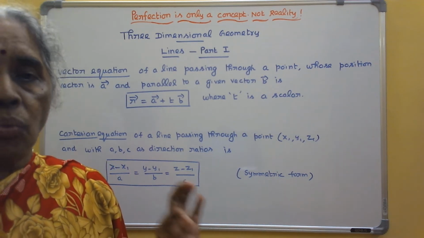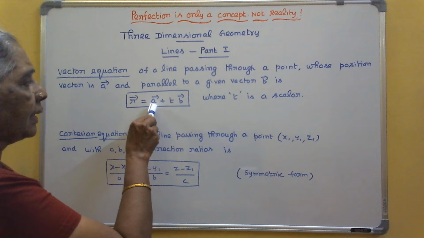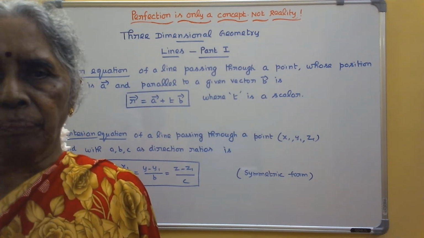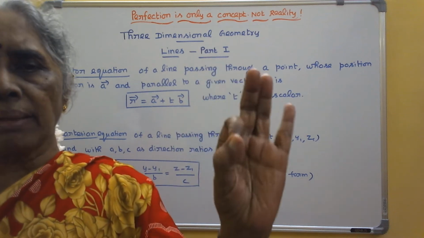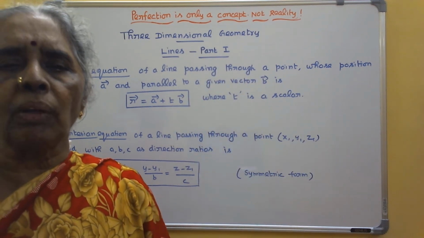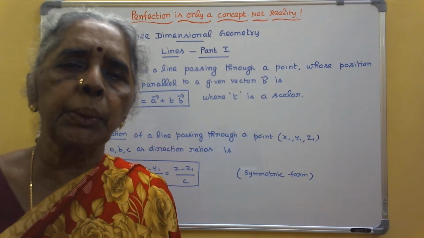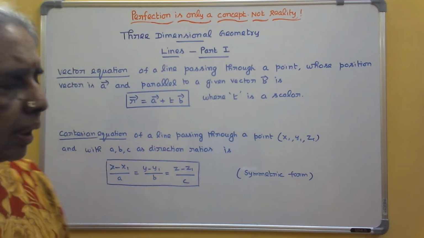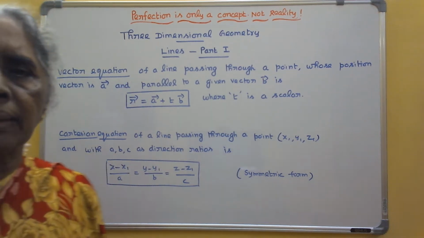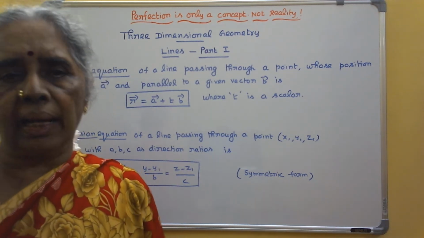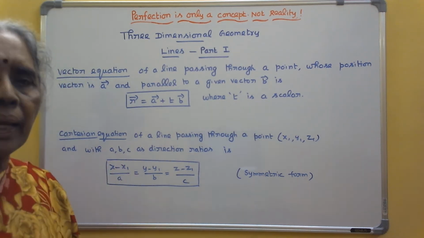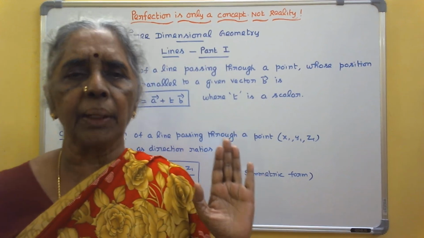Now in this vector equation, this a vector represents the point. The b vector represents the parallel vector, or in that only you will find the direction ratios of the line. Here x1, y1, z1 represents the point through which the line passes. Here these a, b and c, they are called the direction ratios.